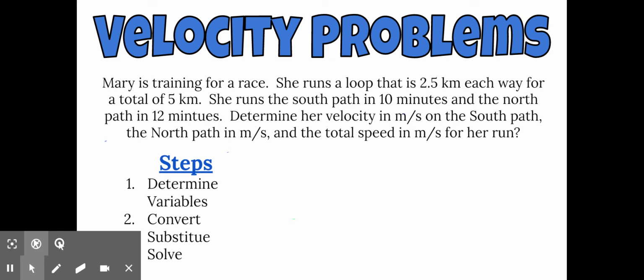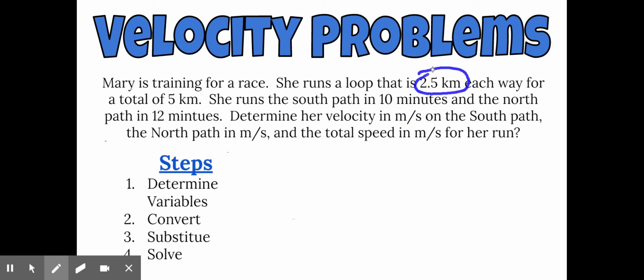So let's start with the south path. The steps: we're going to determine the variables. What are her variables? We know that our distance is 2.5 kilometers. And on the south path, she's running it in 10 minutes. That's our time. And again, south will be our direction.